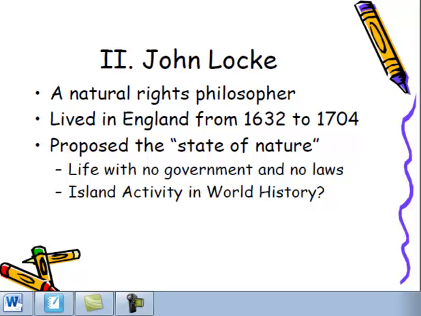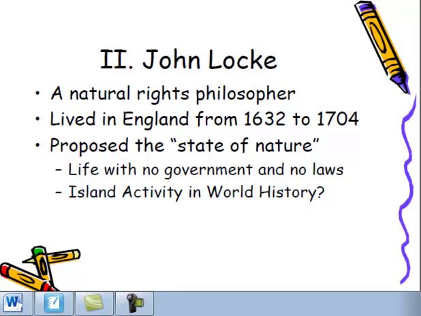Natural rights are things like freedom of speech, freedom of press, freedom of religion, things that are given to you, that you are entitled to, that are natural to all citizens. Now, when we start studying slavery, the women's movement, and civil rights, we're going to see that not everyone was given natural rights throughout our history.